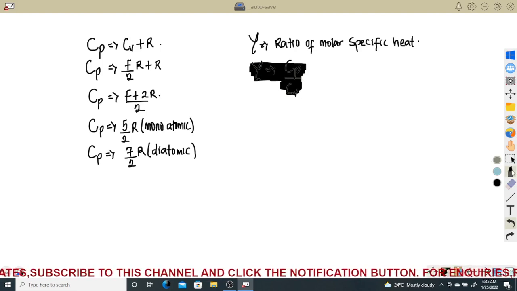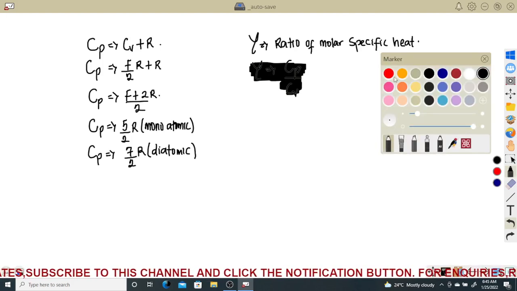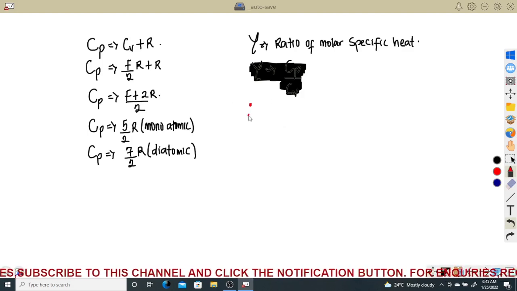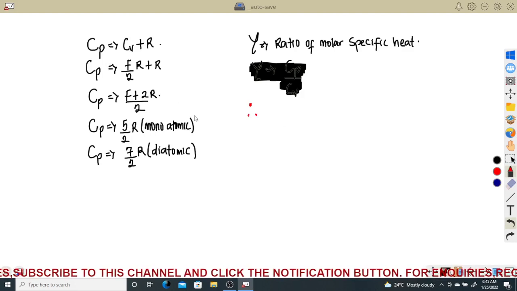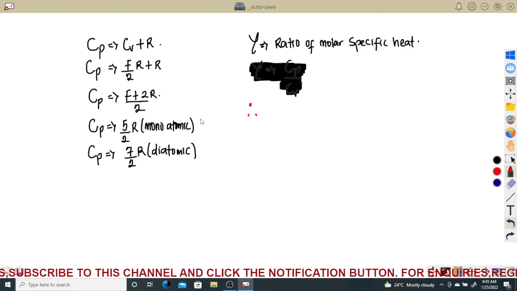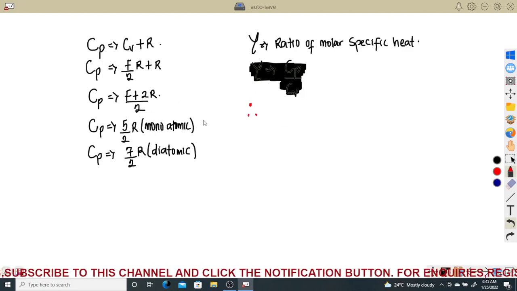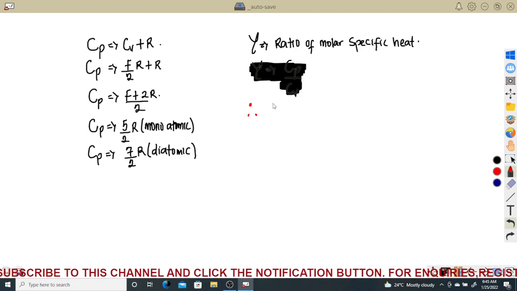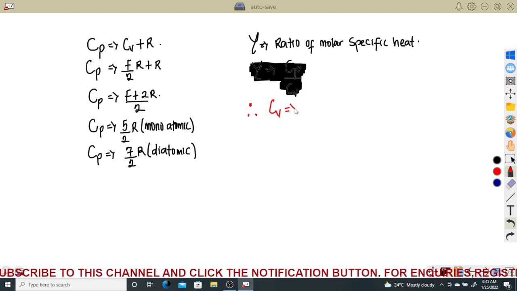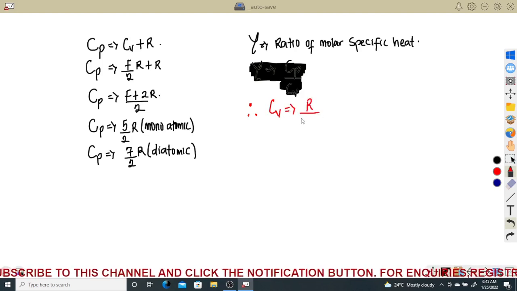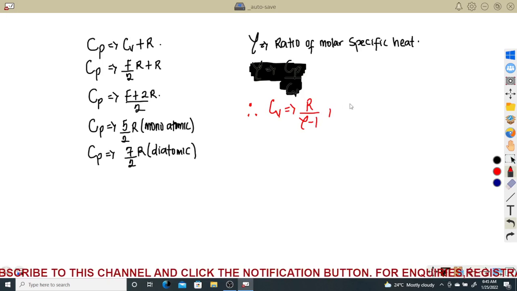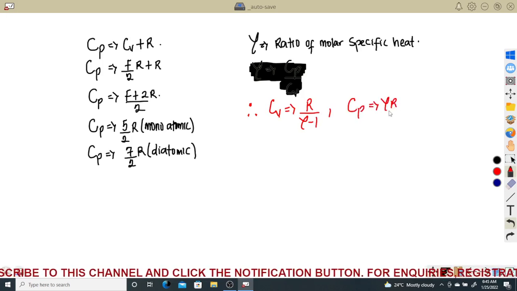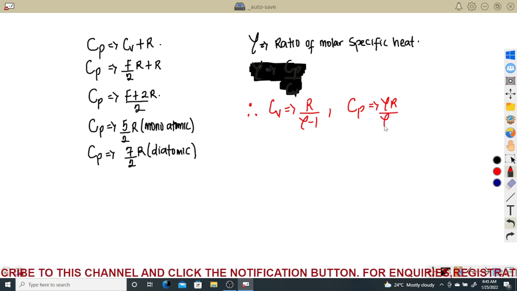In terms of gamma, if you have a question, you can write Cp and Cv in terms of gamma. For example, if you substitute from the formulas Cv equals F/2 R and Cp equals (F plus 2)/2 R, then Cv is simply R over (gamma minus 1), and Cp is equal to gamma R over (gamma minus 1).